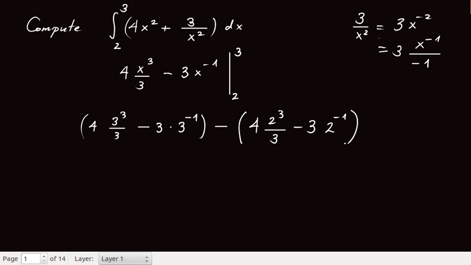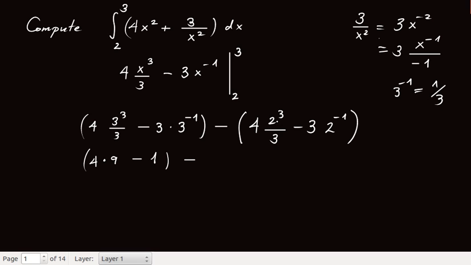Don't forget these parentheses. Okay, so let's evaluate that. 3 cubed over 3, I get rid of a 3, so that's the same as 3 squared, which is 9. Minus, and then 3 to the minus 1 is the same as 1/3, so 3 divided by 3 is just 1, right?